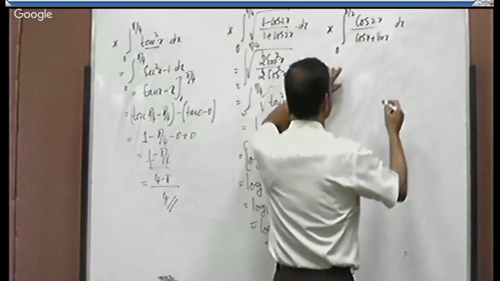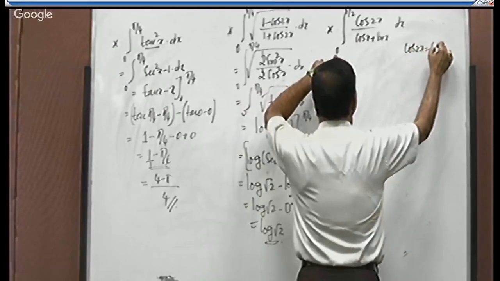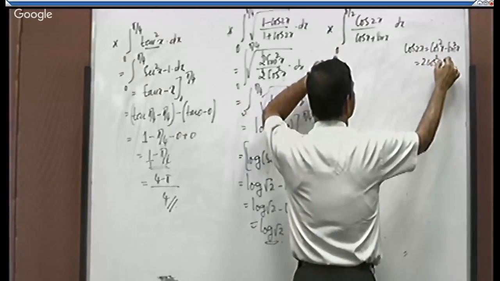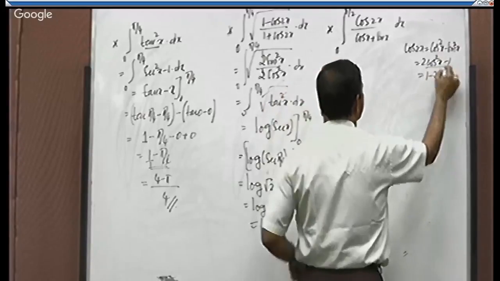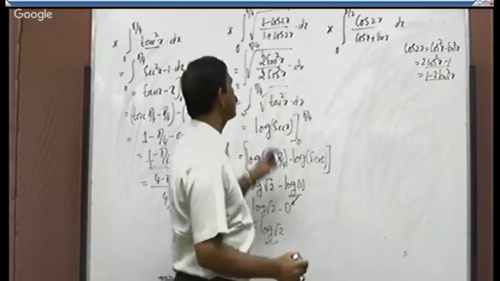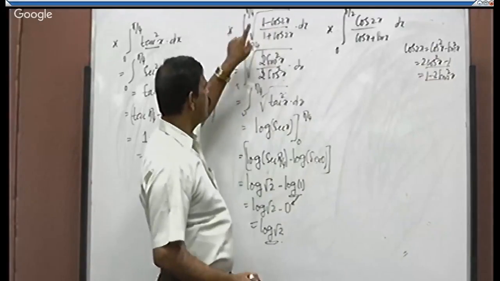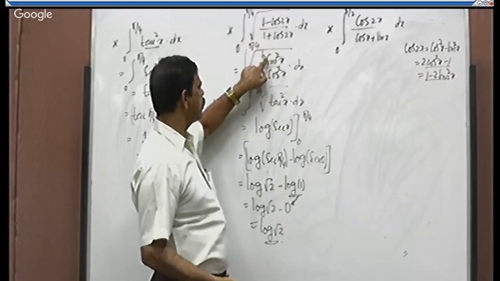So cos 2x is equal to cos square x minus sin square x, or it is 2 cos square x minus 1, or it is 1 minus 2 sin square x, correct? From these two formulas, we can take 1 minus cos 2x as 2 sin square x, and 1 plus cos 2x as 2 cos square x.